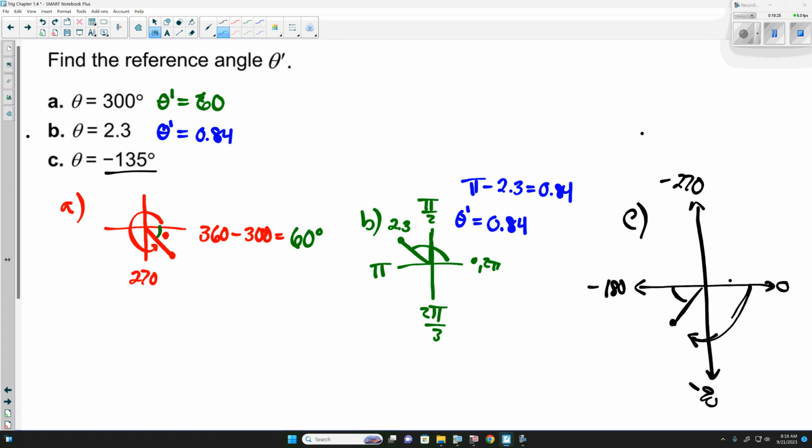I'm taking 135 away from 180, so our theta prime in this case is 45 degrees. And that needs a degree marker.